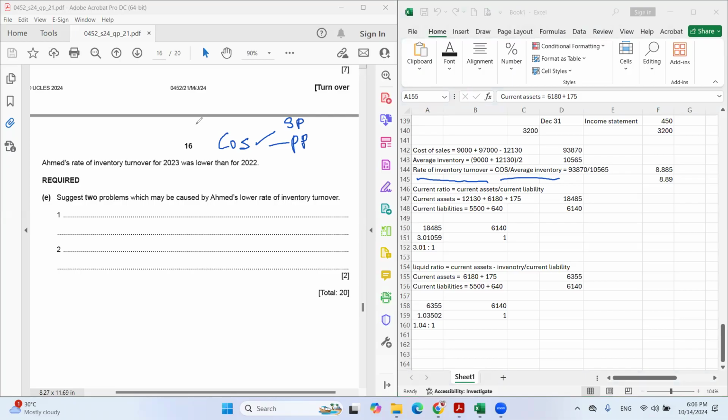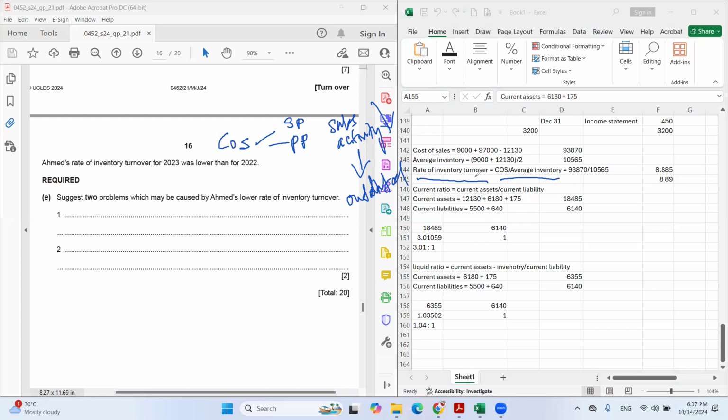So when this one has no change, that means sales activity is slowed down. So when sales activity is slowed down, that means your stock or your inventory may become outdated. Okay, goods become outdated stock or obsolete.